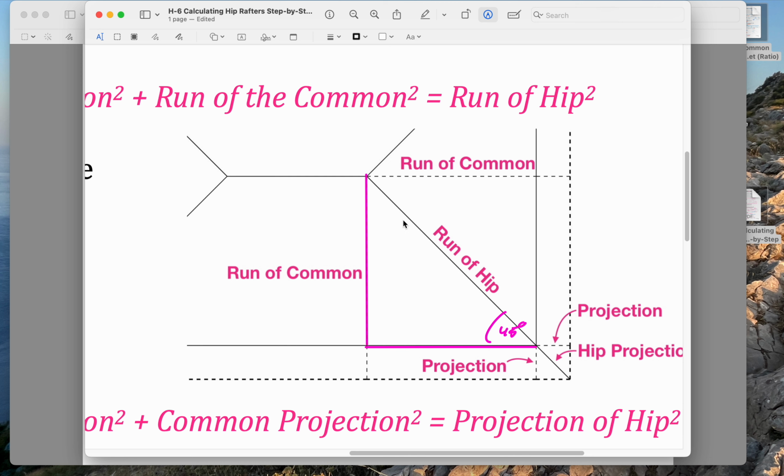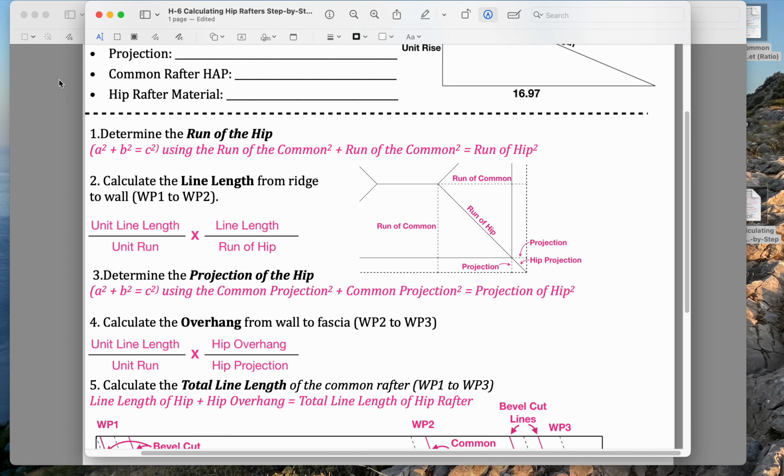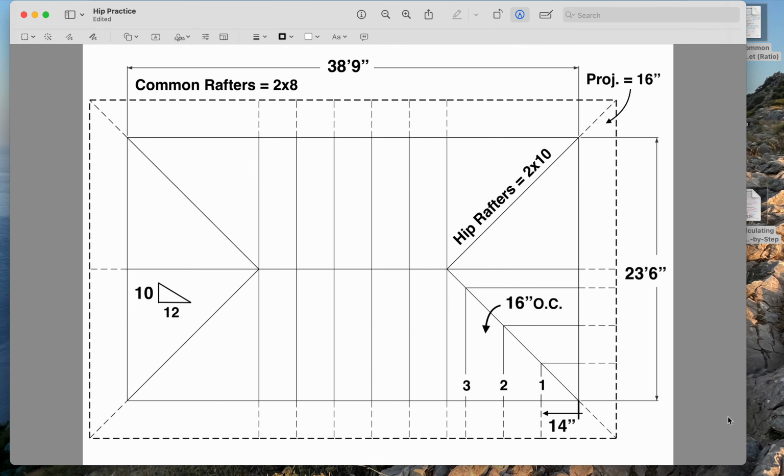So all we have to do is take half the width of the building, which is the run of our common, and we need to square that. So the run of the common squared plus the run of the common squared. So let's have a look. Now our building is 23 foot 6. So if we take that number and we divide it by 2, we will have the run of the common slash the distance from the corner.